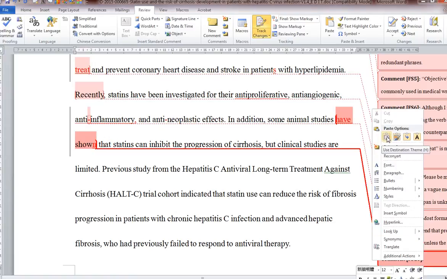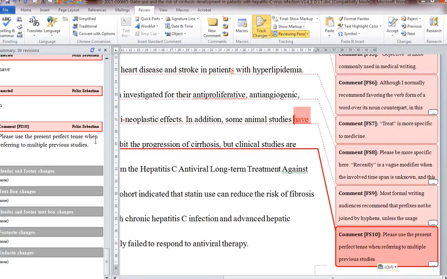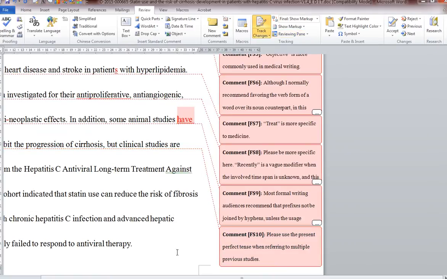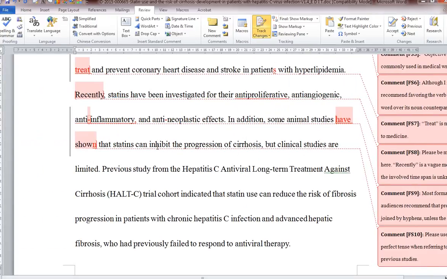It's a simple comment, but it will also explain some of the changes I make later. Present perfect tense. When it's a single previous study, we'll use the simple past tense. In this instance, that would be showed.